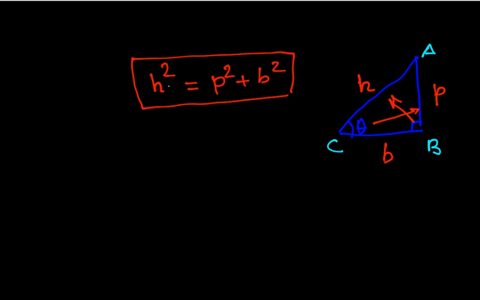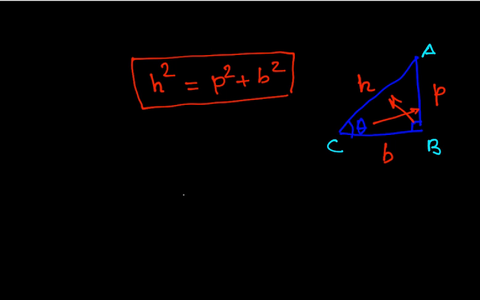The sum of squares of perpendicular and base is equal to hypotenuse square, or another way you can say it, the square of hypotenuse is equal to the sum of squares of perpendicular and base. Is it okay?